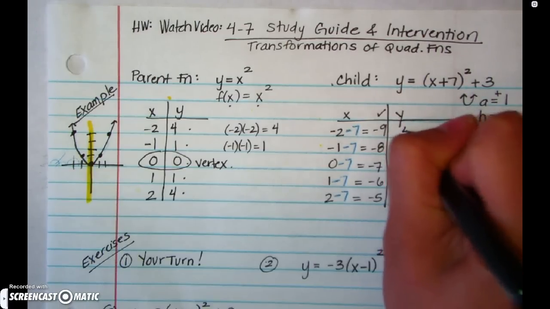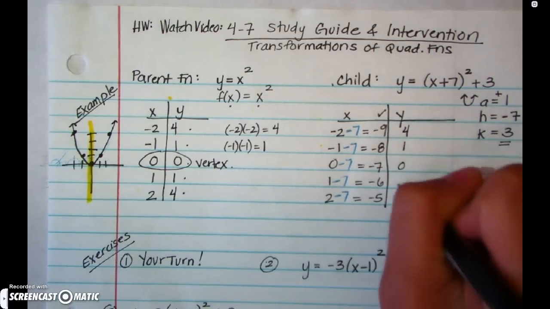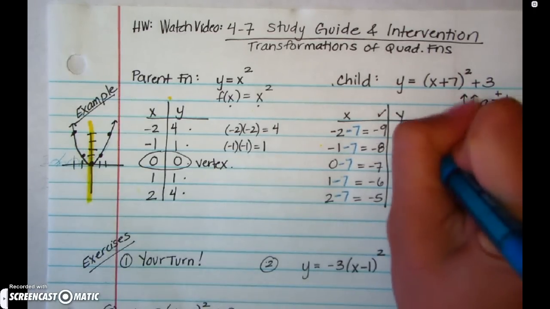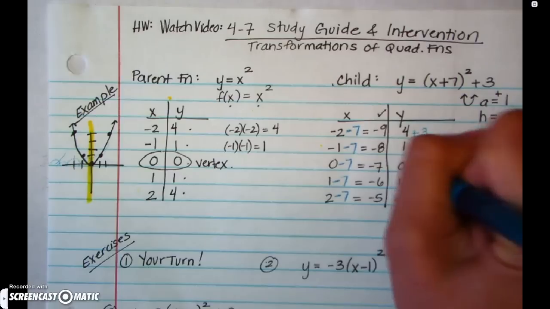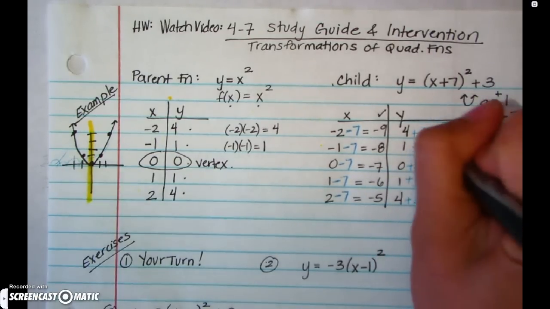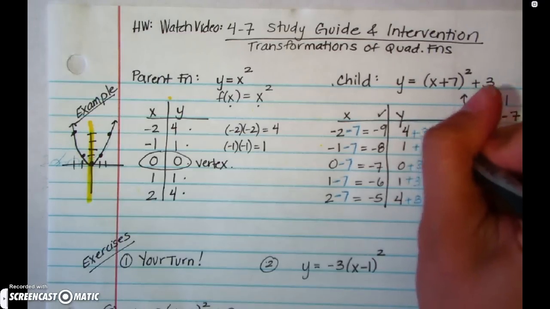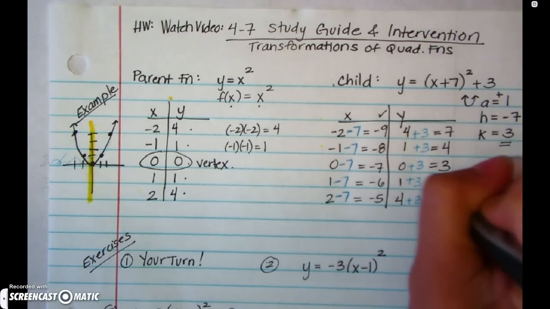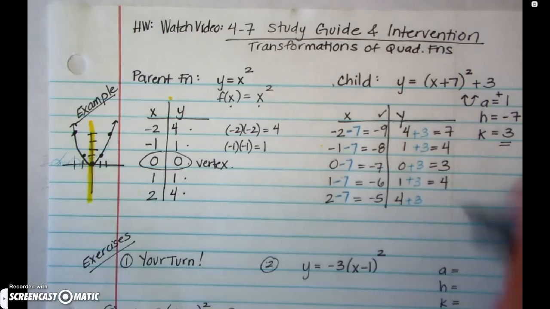So my original y values were 4, 1, 0, 1, and 4 from my parent function. I'm going to add 3 to each y term: 4 plus 3 is 7, 1 plus 3 is 4, 0 plus 3 is 3, 1 plus 3 is 4, and 4 plus 3 is 7.